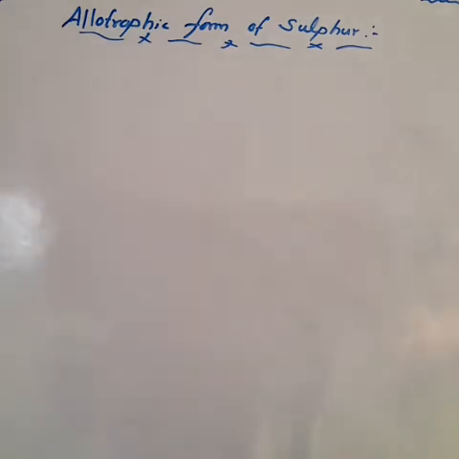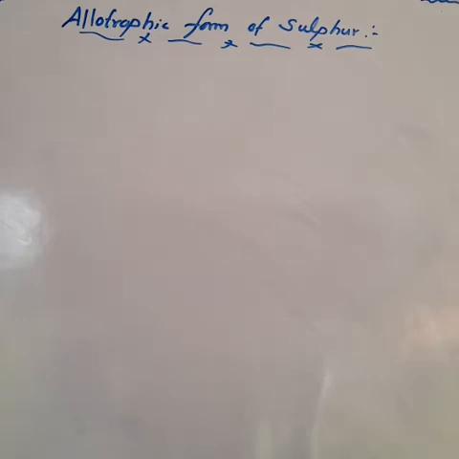Today we are going to discuss unit number 3, p-block elements 2, the oxygen family. Already the preparation, properties and structure are over. We have the chemical properties and uses.